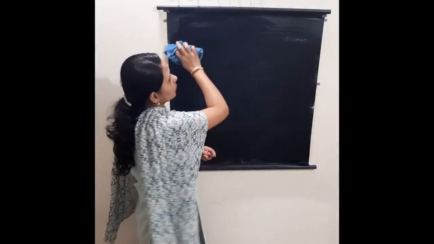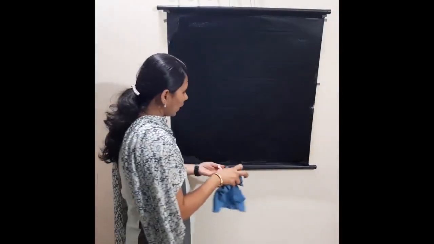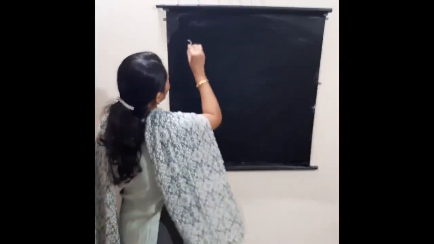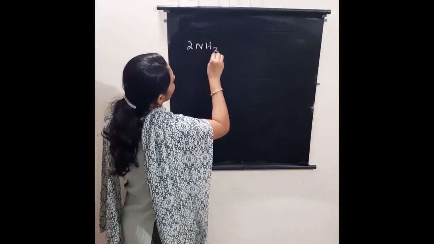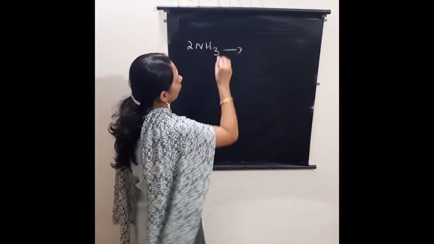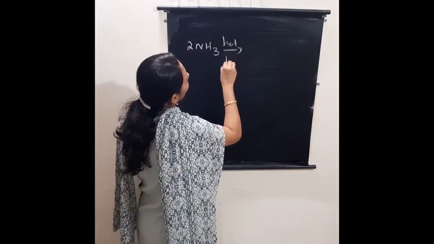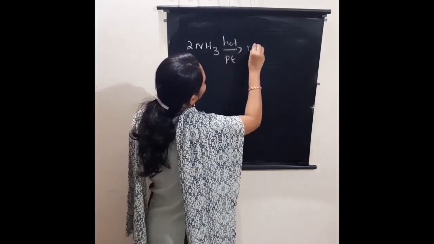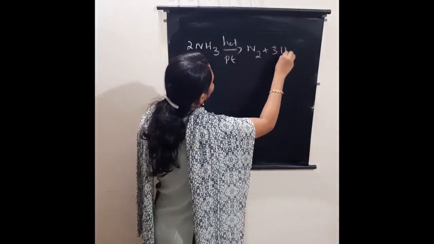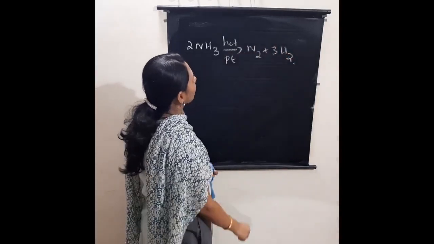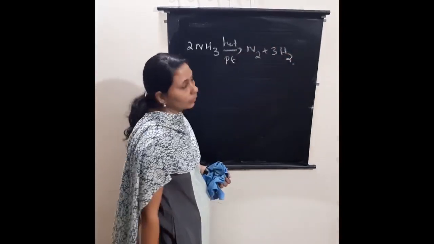Decomposition of ammonia, 2NH3 decomposes on the hot surface of platinum, giving N2 plus 3H2.